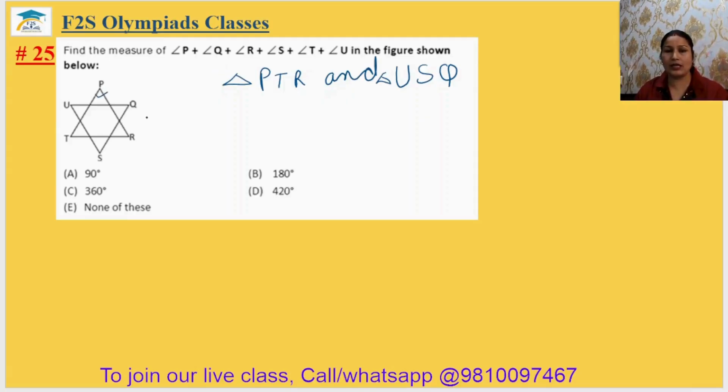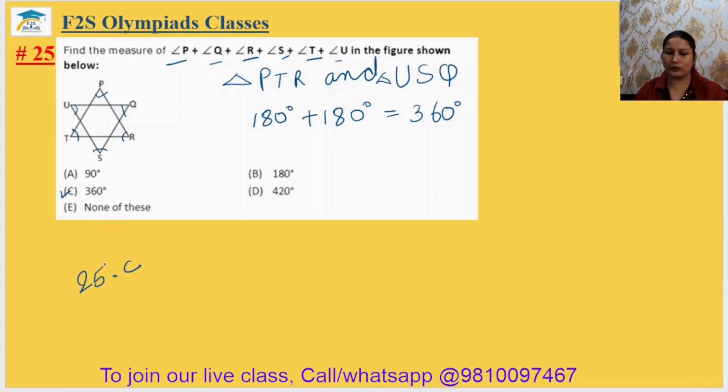So angle P plus angle R plus angle T should be equal to 180 degrees, and angle Q plus S plus U, QSU, should be equal to 180 degrees. So the sum of both should be 360 degrees. It is in option C. The 25th answer will be option C.